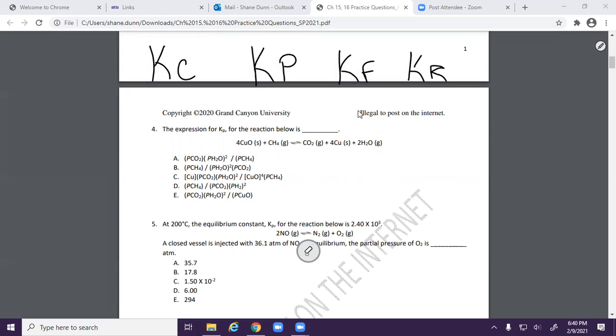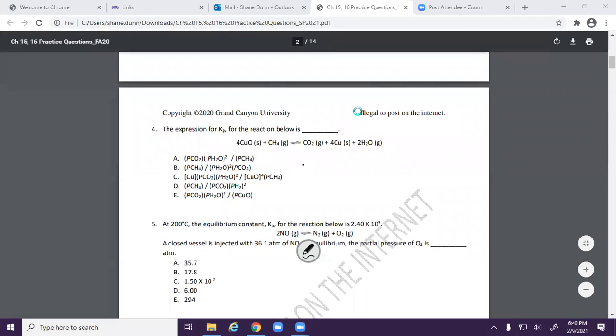Okay. In this case, we are dealing with a Kp value. So Kp is equal to products over reactants.